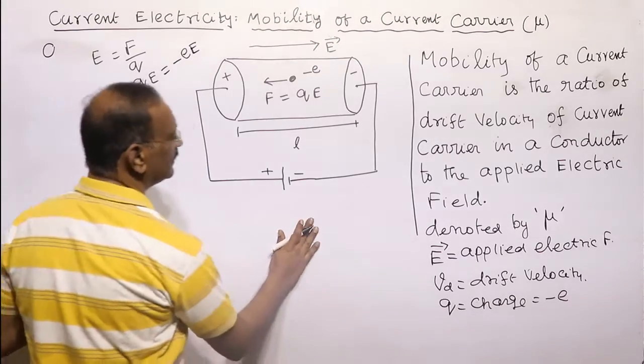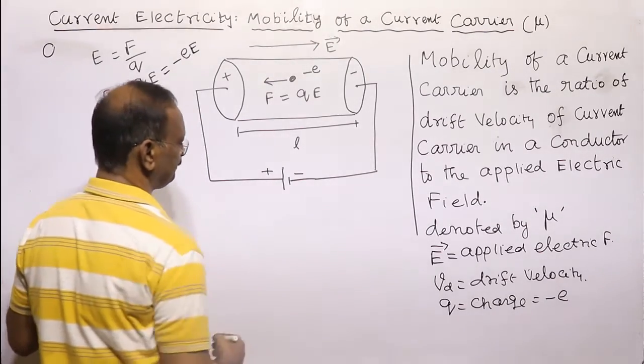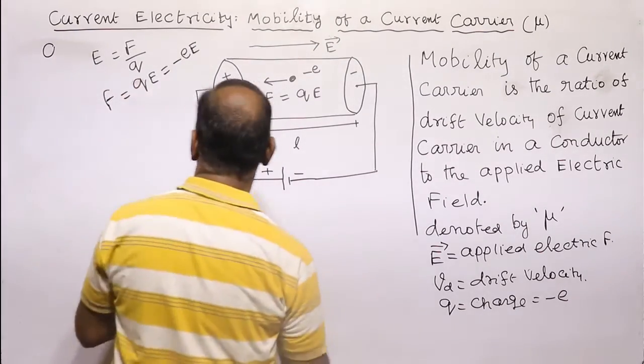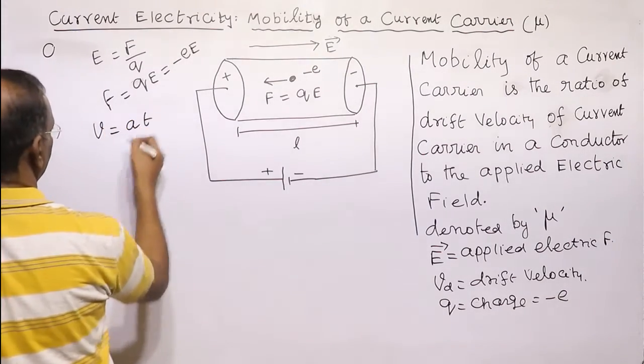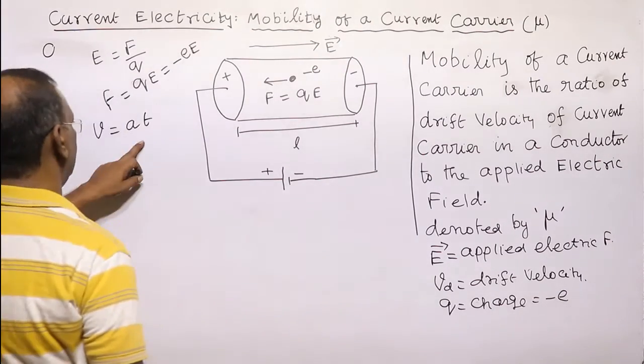And what about drift velocity? We know velocity is equal to acceleration into time. What is the time?